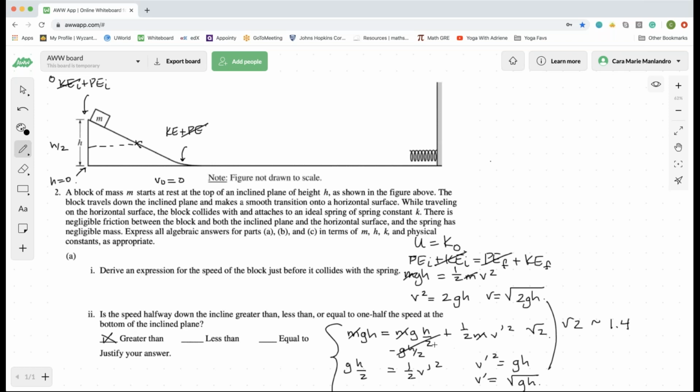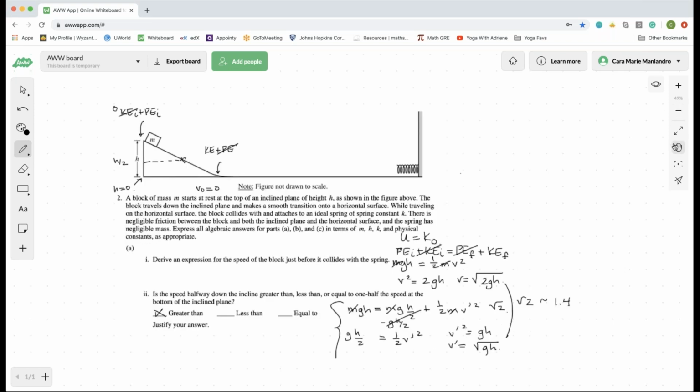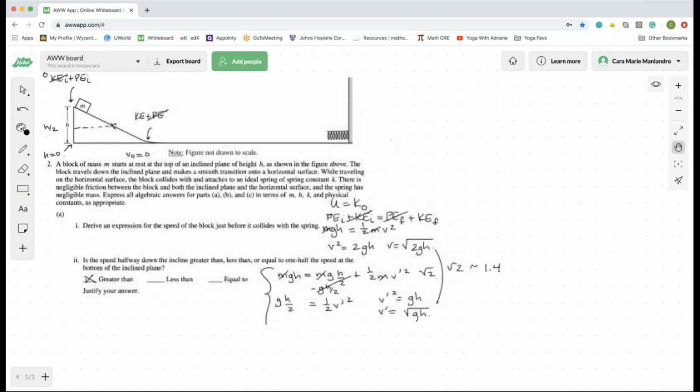No problem. All right, I'm gonna minimize this and then I'll put up part B. I don't think part B is tested, but I will go ahead and do it anyway because you guys are asking about it.